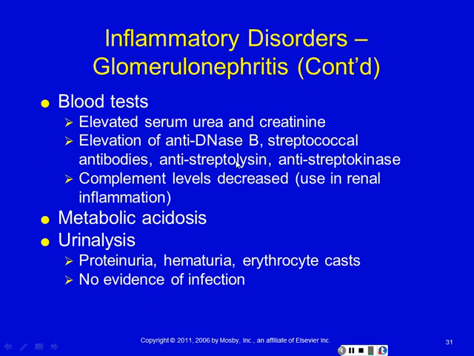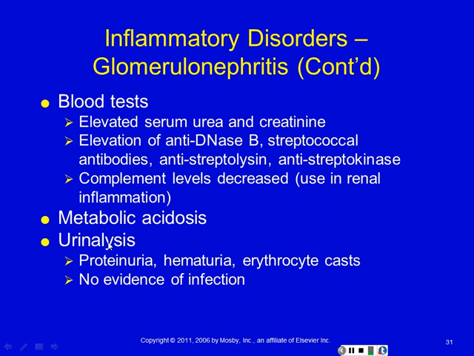There's a panel on this. We call that the post-streptococcal glomerulonephritis panel. So we're going to look for those antibodies that we know cause trouble. And then complement levels are decreased because they're being used up in the kidney in these antigen-antibody complexes.